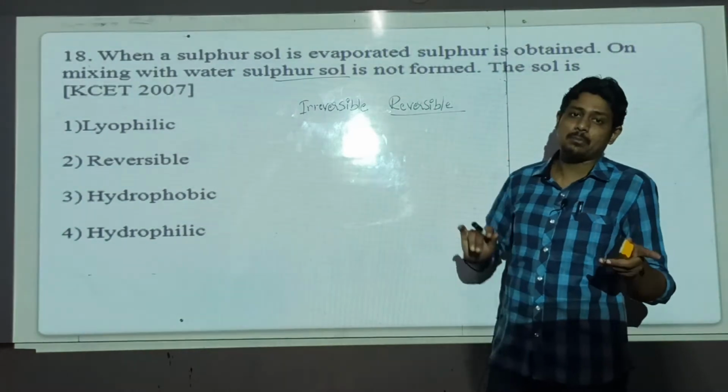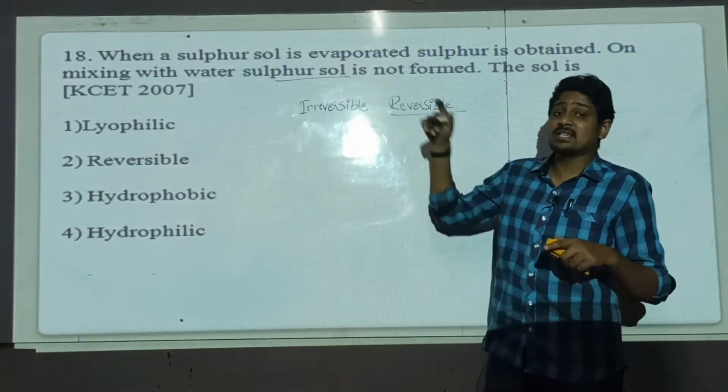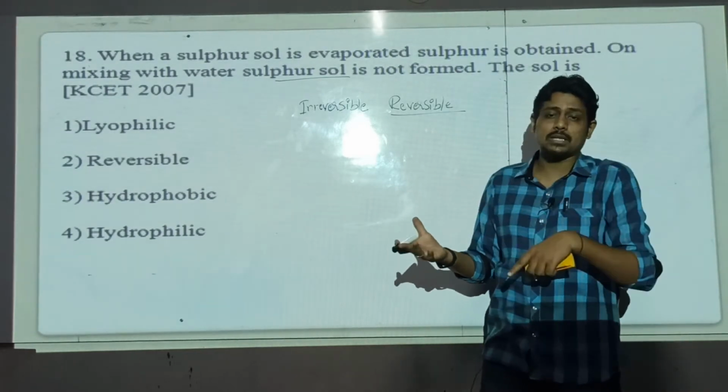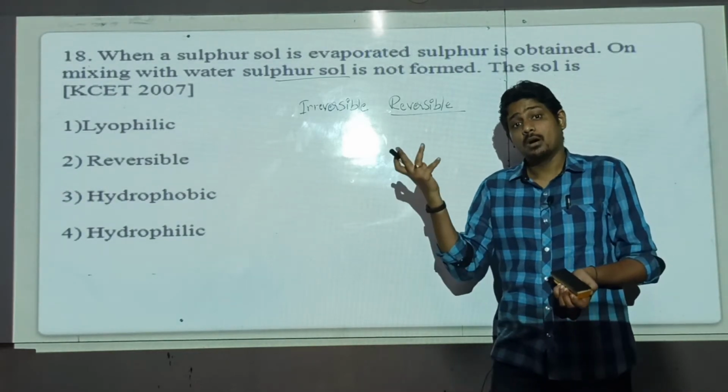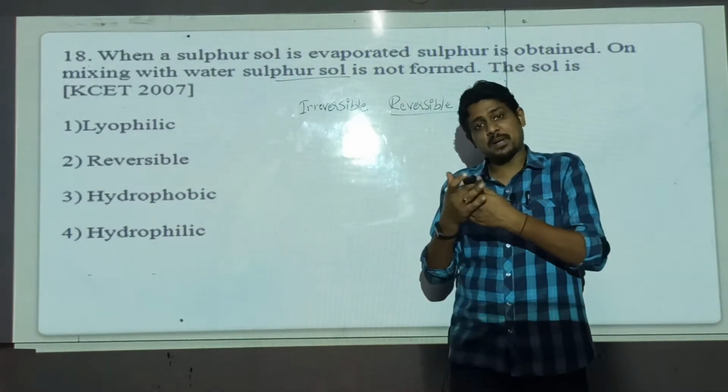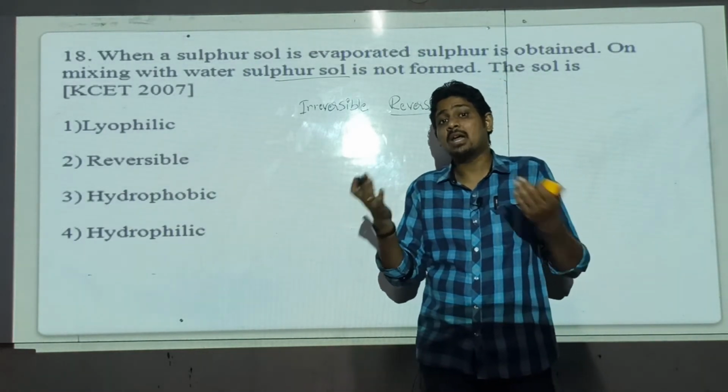Here the same thing is happening: the sulphur sol is evaporated, I get the sulphur, and once again when I add water, I am not getting the sulphur colloidal sol. It means it is irreversible, meaning the dispersed phase and dispersion medium do not have affinity.